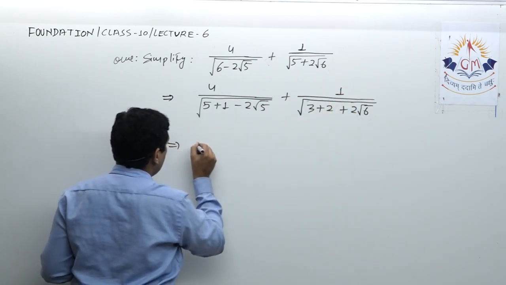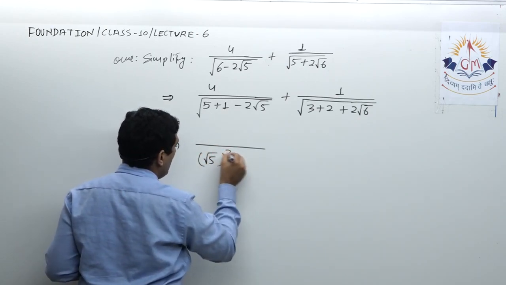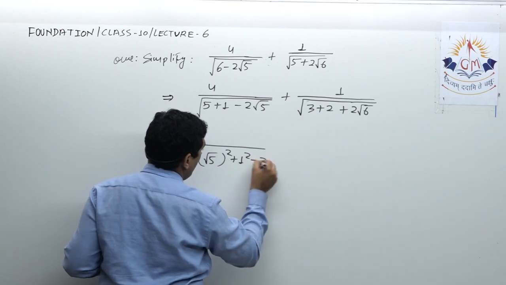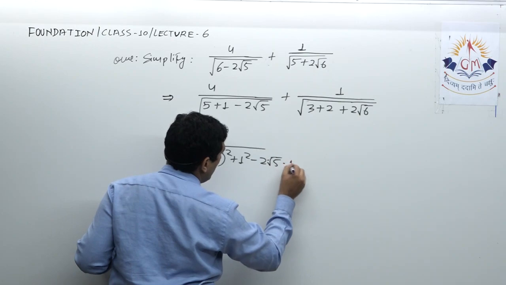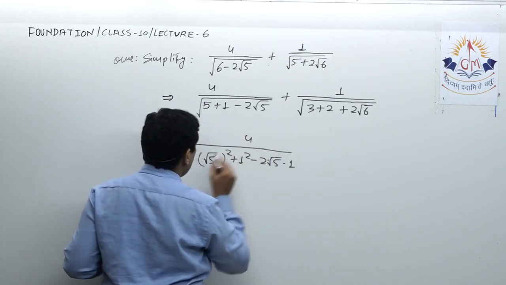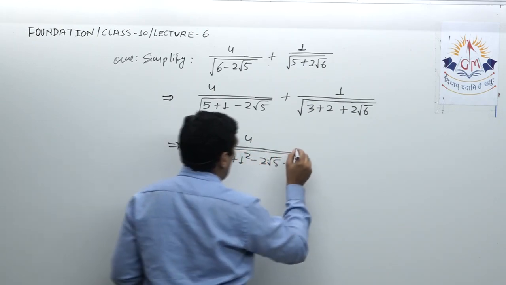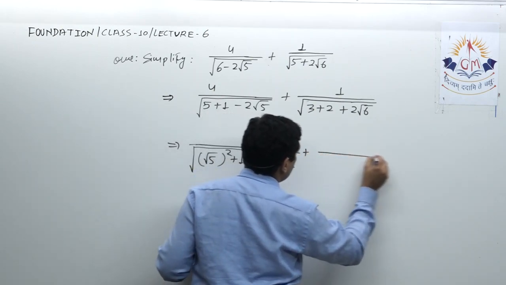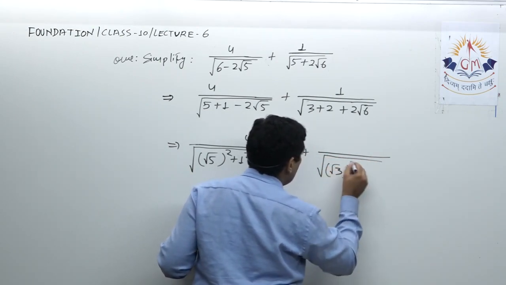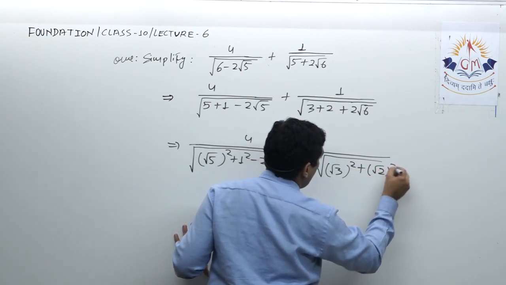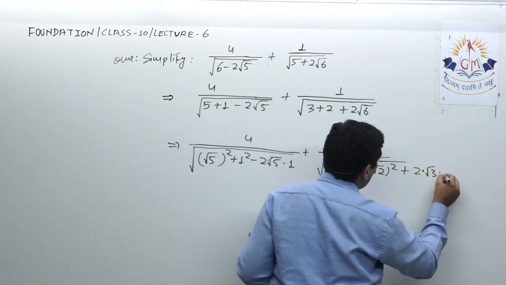Now next step, this can be written as root 5 whole square plus 1 square minus 2 root 5 into 1, within the square root sign, plus root 3 square plus root 2 square plus 2 into root 3 into root 2.